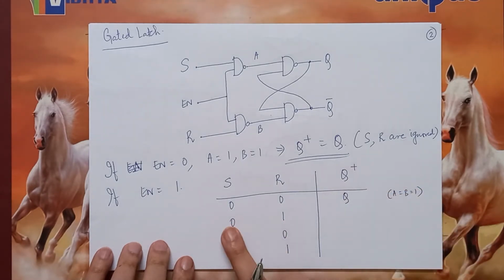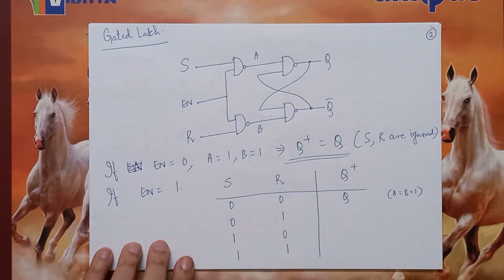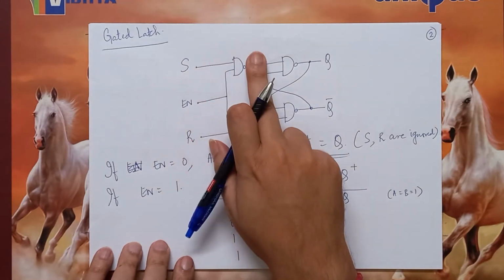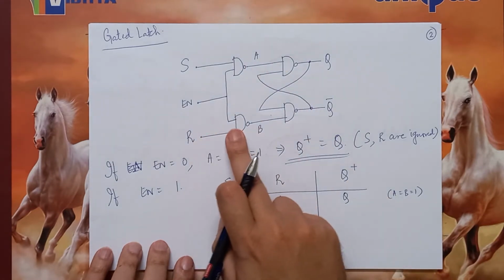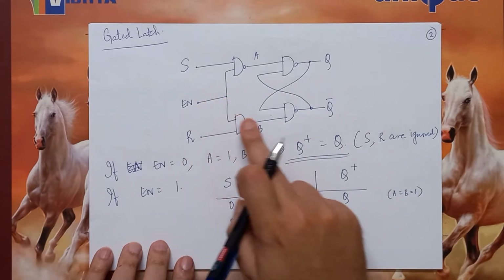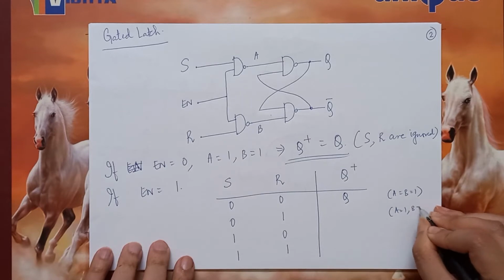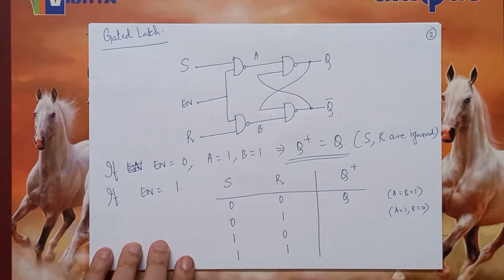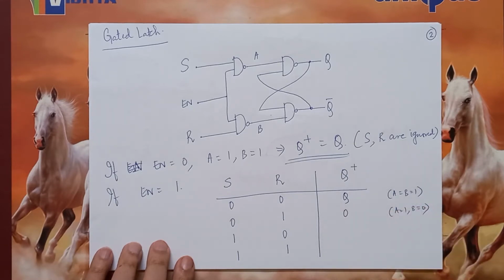When S is 0, A becomes equal to 1. And when R is 1, in the second case, En is 1, and 1 and 1 becomes 0. So in this case, A is 1, B is 0, and the next state will forcibly become 0.